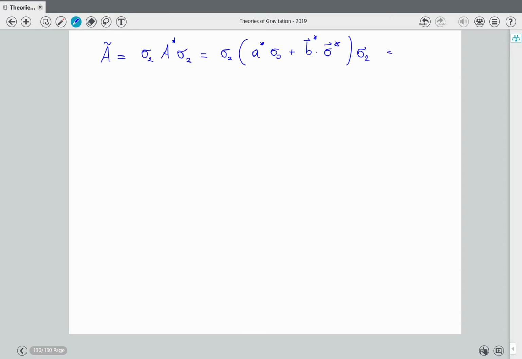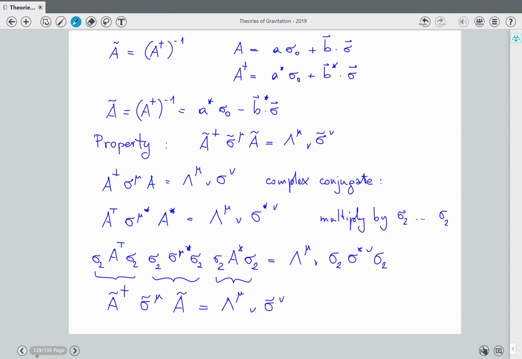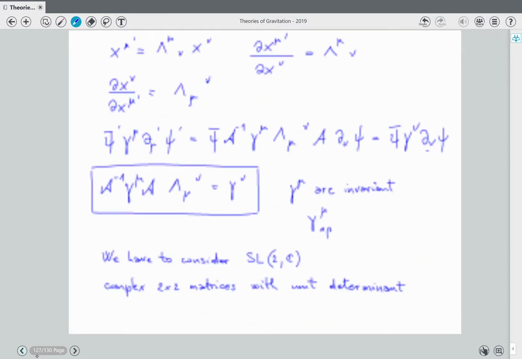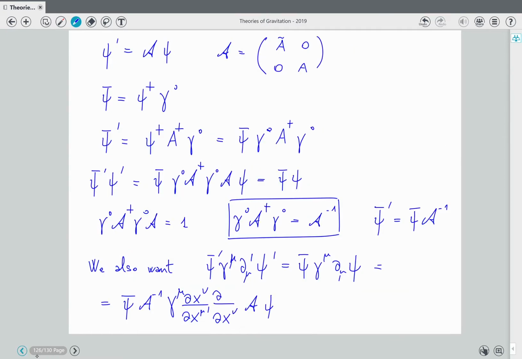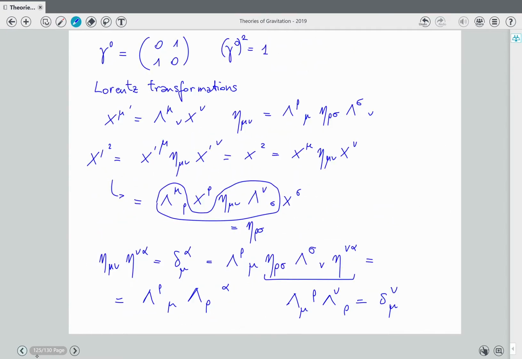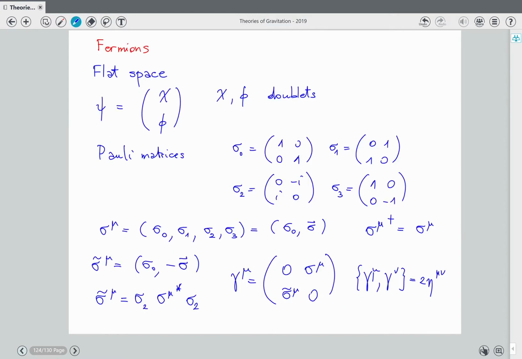So let's do this. A star sigma 2 times sigma 2 is, I said that sigma 2 times sigma 2 was -1.